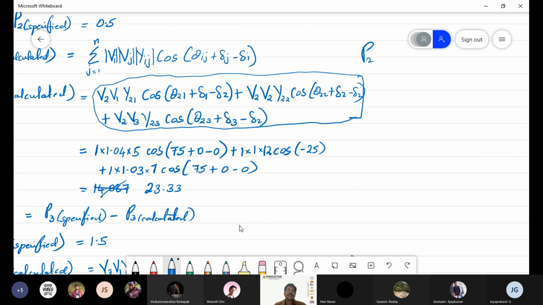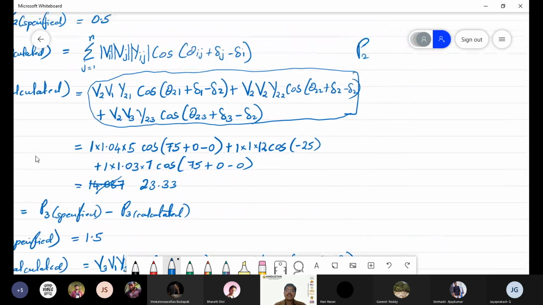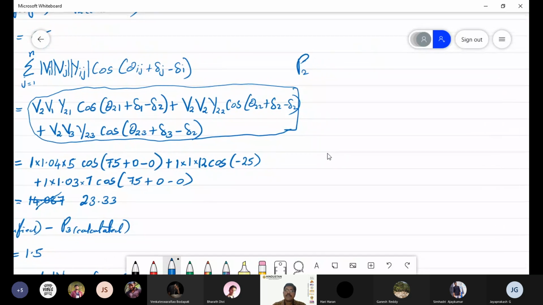All are P2, because we know that it is P2 calculated, alright. From that I am going to calculate dou P2 divided by dou del 2. This is P2, that is dou P2 divided by dou del 2.